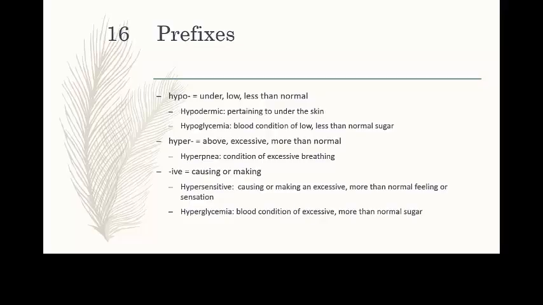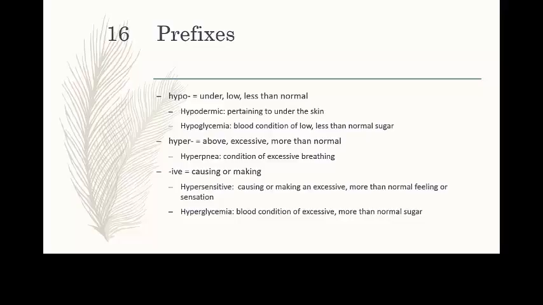Hypo, under, low, less than. So hypodermic, hypoglycemia, not enough. So know all of those. Hypo, under, low, less than normal. Its opposite, hyper, above, excessive, more than normal. So hyperglycemia, hyperactive. Endo is within or inner.